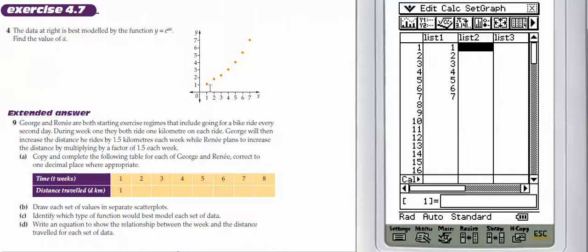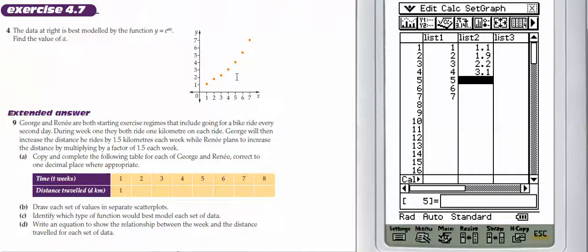When x equals 1, y looks as if it's above 1, so I'm going to say 1.1. When x equals 2, it's a little bit below 2, I'm going to say 1.9. When x equals 3, y seems to equal maybe 2.2. When x equals 4, y seems to equal a little bit above 3, I'm going to say 3.1.